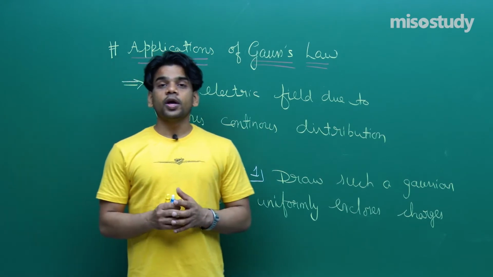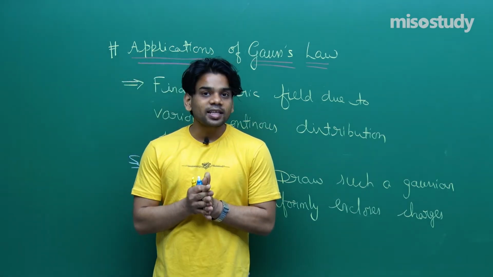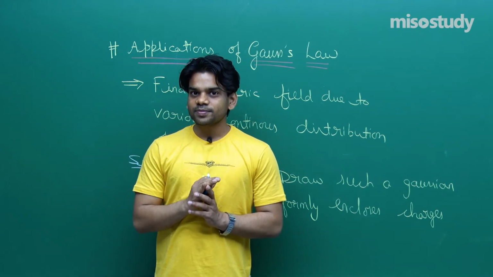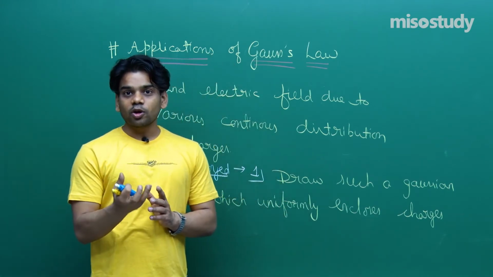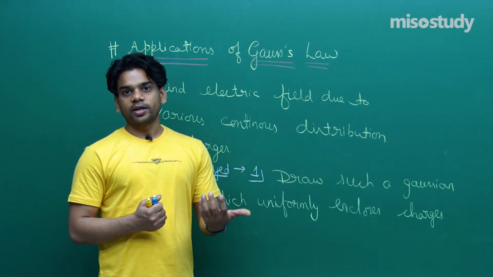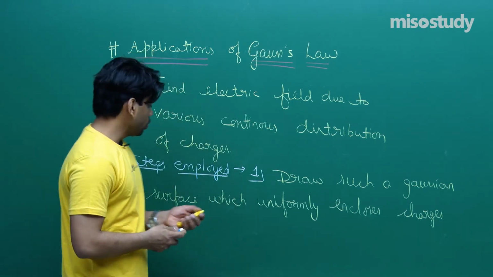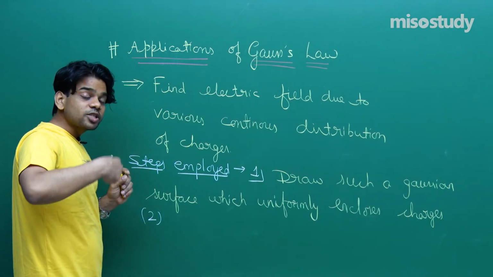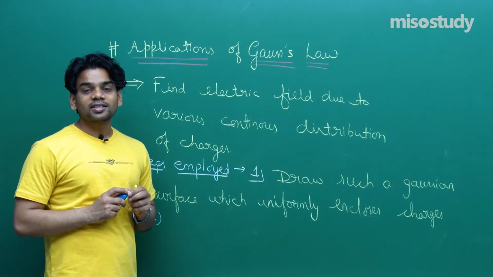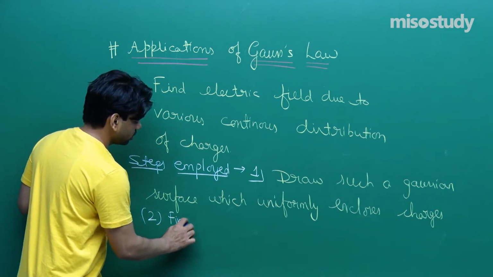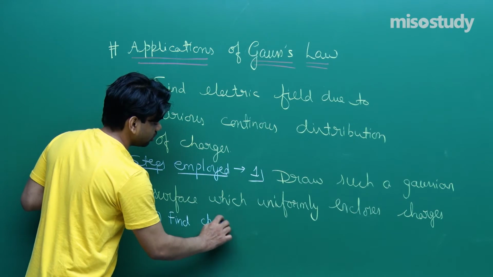Then you have to think that at a particular distance the electric field is constant, and for that particular Gaussian surface, you have to find the integral of E dot ds. For the second step, within this Gaussian surface, check how much charge is present. So find the charge present within the Gaussian surface.